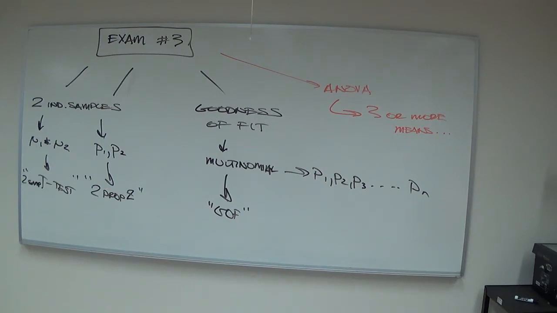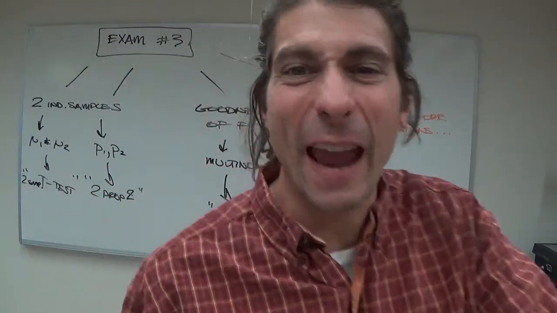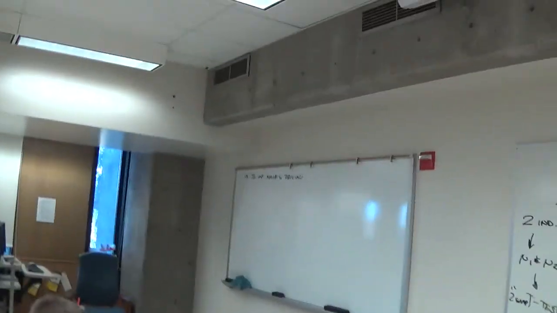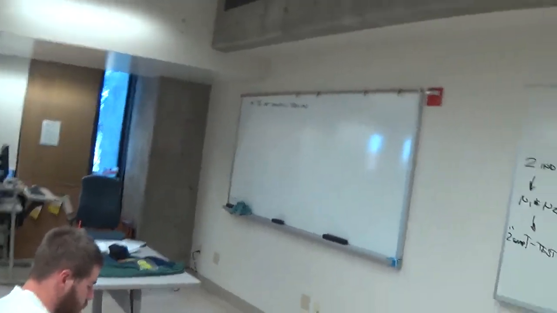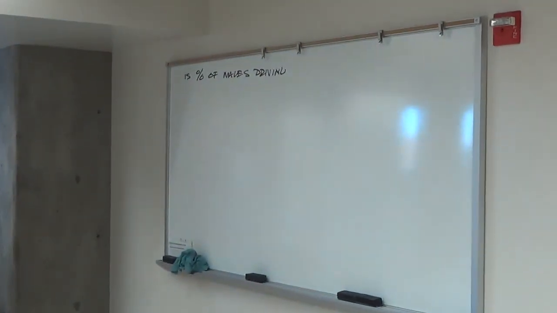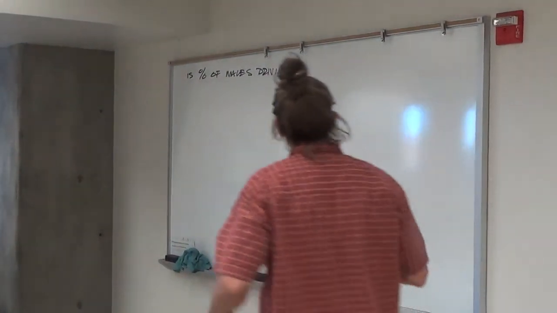So what we're going to test is two proportions. We're going to see if the percentage of males driving more than 5 miles to COCC is different than that of females. I was going to test left-handedness, but it's hard to test it when nobody's left-handed.